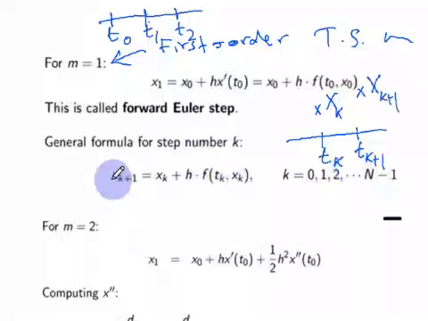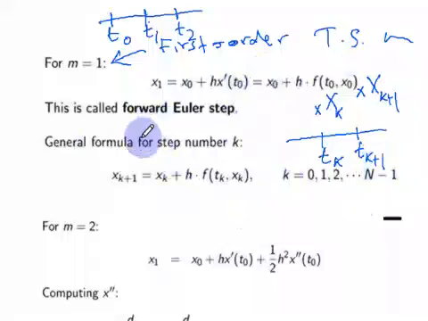If you know an approximation value at tk, then you can just plug this number into here, and by plugging this number in, you can find the next approximation. So this is the next approximation at tk plus 1. So this is the first order Taylor series method.